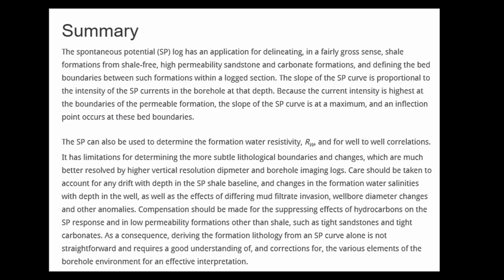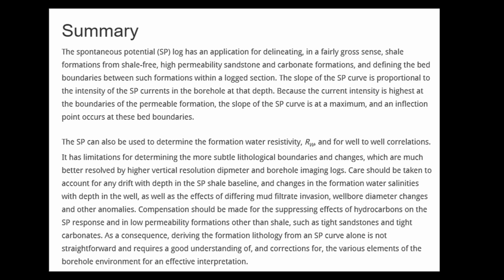So care should be taken to account for any drift with depth in the SP shale baseline and changes in the formation water salinities with depth in the well, as well as the effects of different mud filtrate invasion, wellbore diameter changes, and other anomalies. Compensation should be made for the suppressing effects of hydrocarbons on the SP response and in low permeability formations other than shale, such as tight sandstone and tight carbonates.